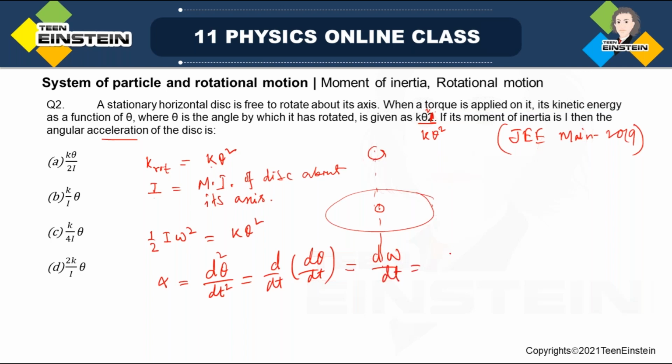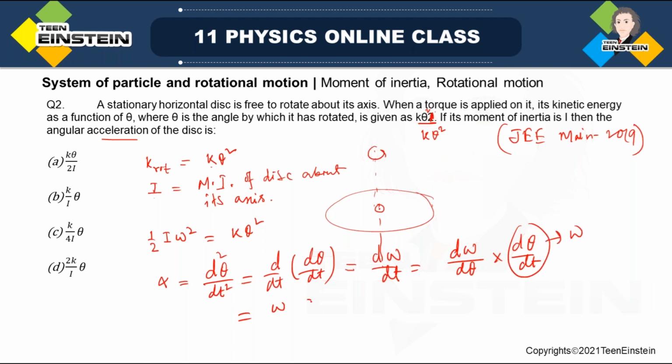We can write this as d omega d theta into d theta by dt. See, this is a crude way to think: d theta will cancel each other, and we get d omega dt. So we can write this as, d theta dt is again omega.